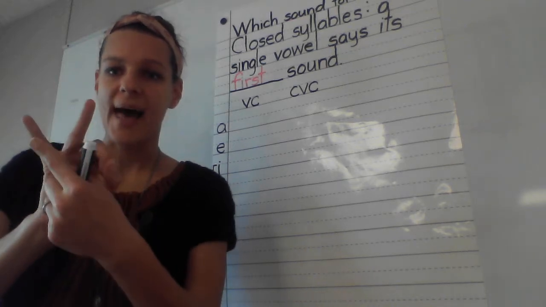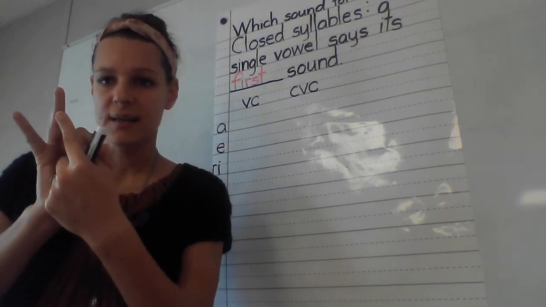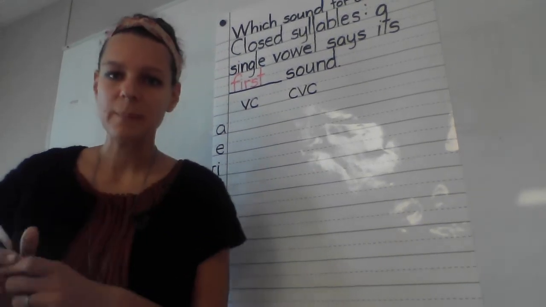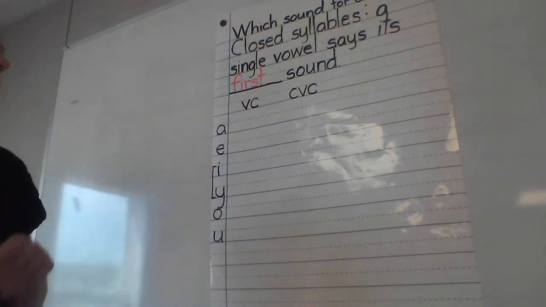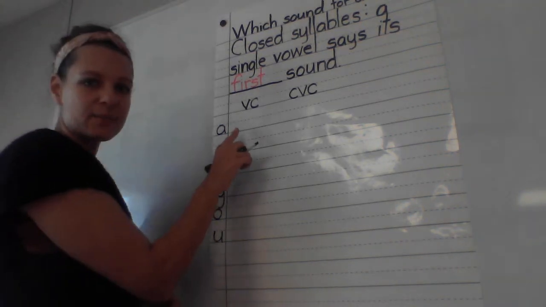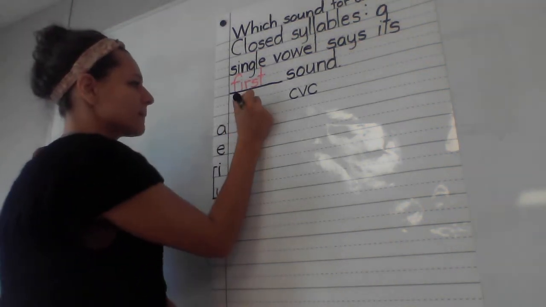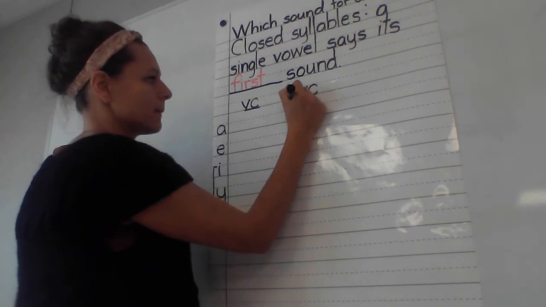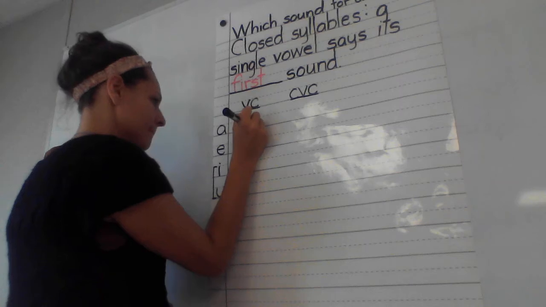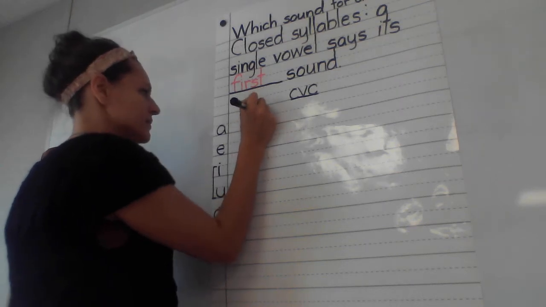Good, it's a, t. All right, so write those sounds. Say them while you write them. All right, class, what do I need to write to spell at? Good, a and t.